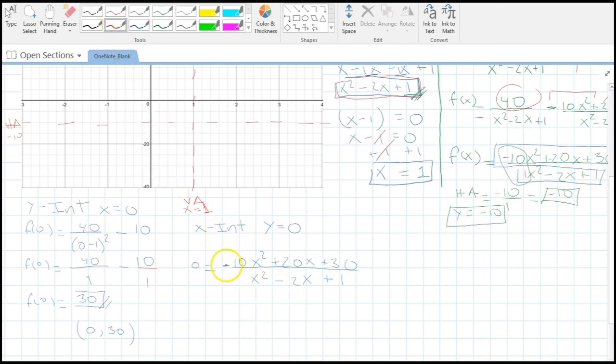In order for me to factor, I need to change this first negative sign. I don't like to have my leading coefficient as a negative, so what I'm going to do is multiply everything by negative 1.